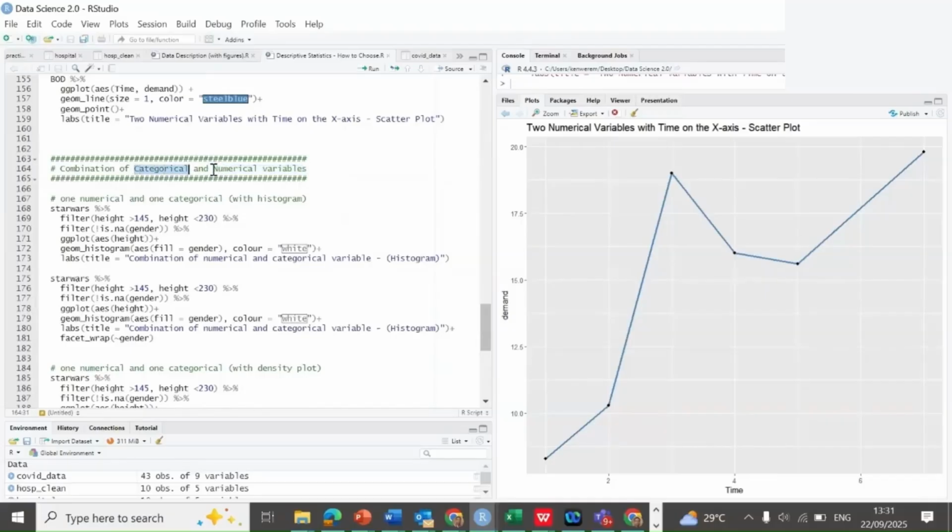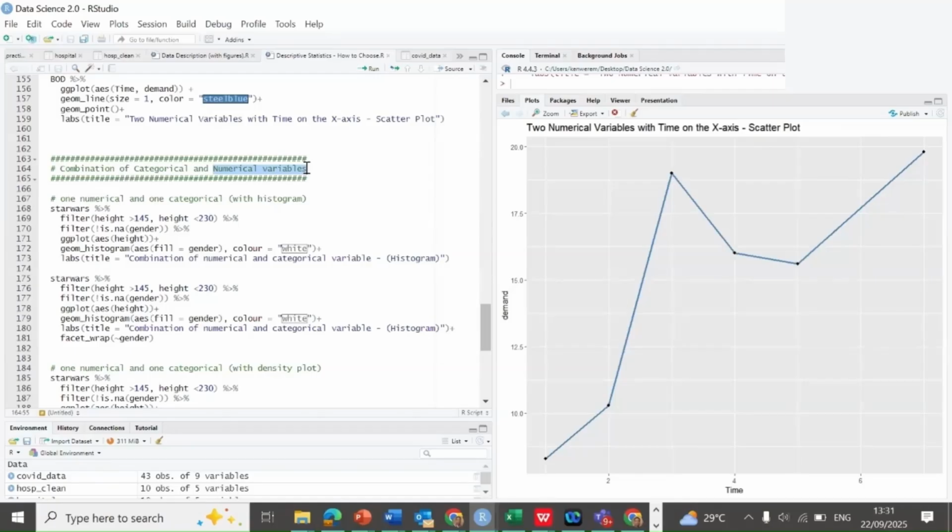So can anyone remind us what plots you use to represent one numerical variable? Anyone? A histogram. Very good. What else? Box plot. Box plots again.